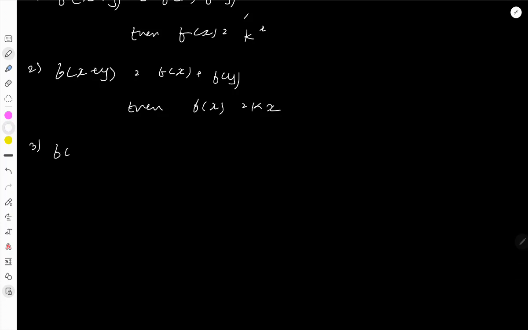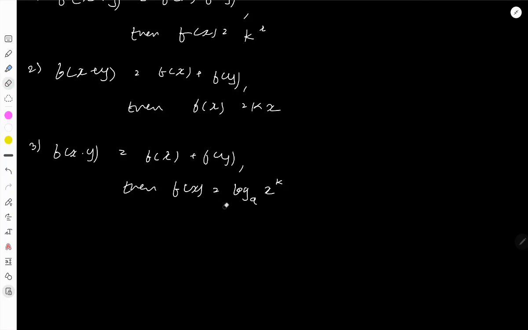Third thing, f of x into y is equal to f of x plus f of y. We can learn this one as the log one. So in this case, f of x is log x to the power k to the base a.